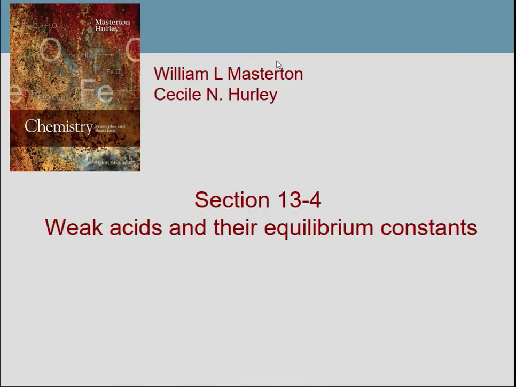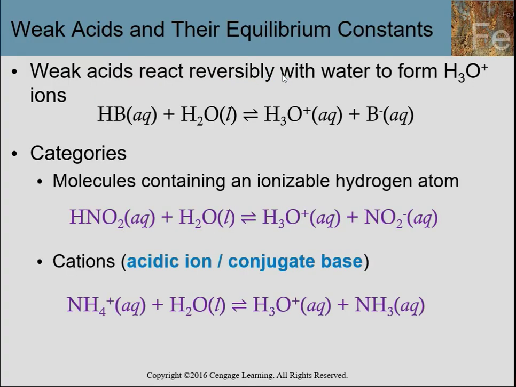So let's get started. Section 13.4 is all about weak acids and their equilibrium constant, the Ka value. Weak acids are compounds that will act in an equilibrium with water and form the hydronium ion and some other anion.